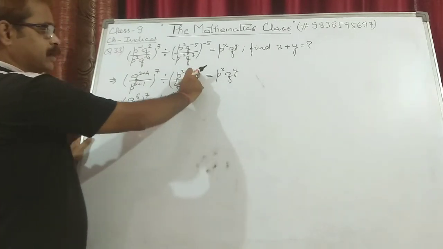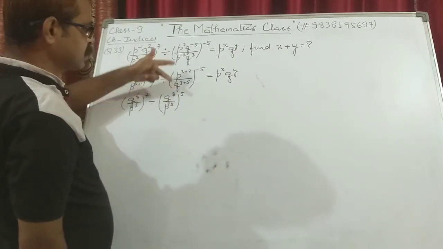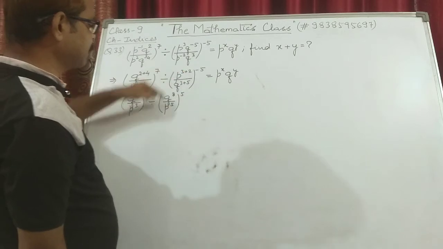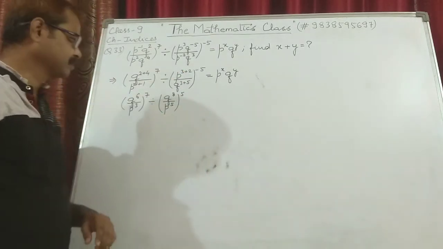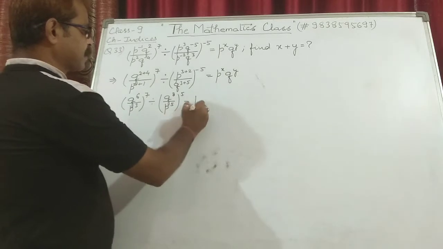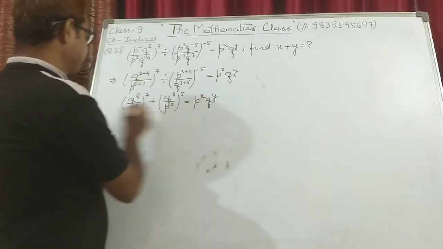This negative converted to positive, and so this fraction reciprocated. So 5 and 3 is 8, it became the numerator, and 3 and 2 is 5, it became the denominator. Now this will be p to the power x q to the power y.